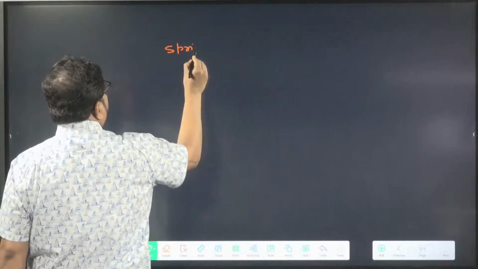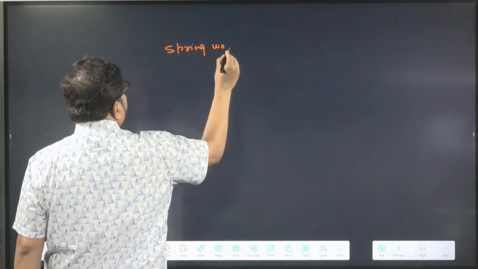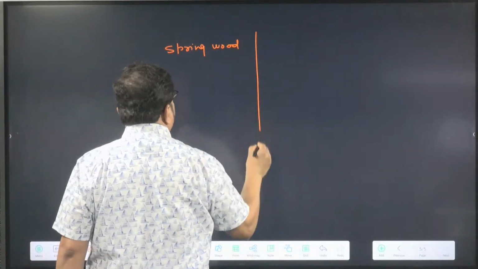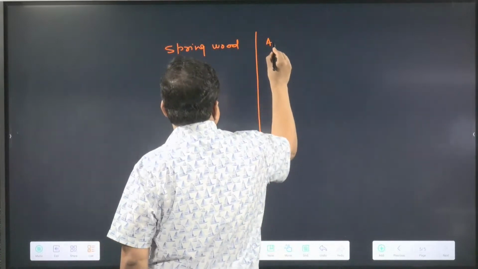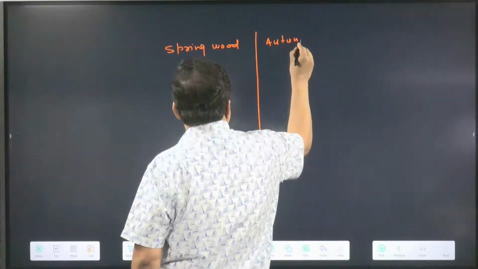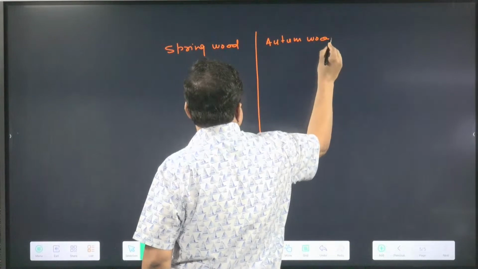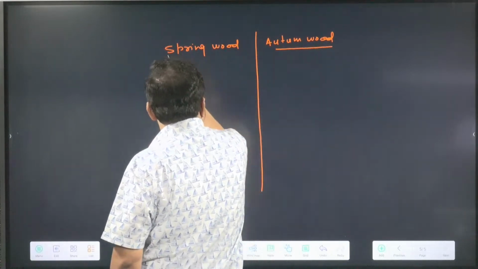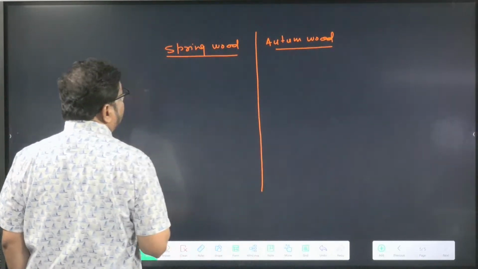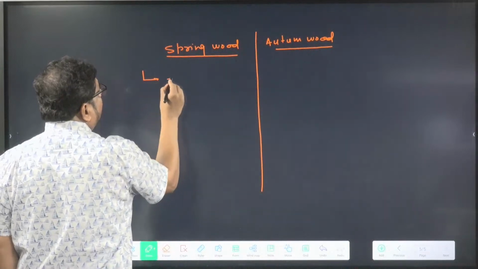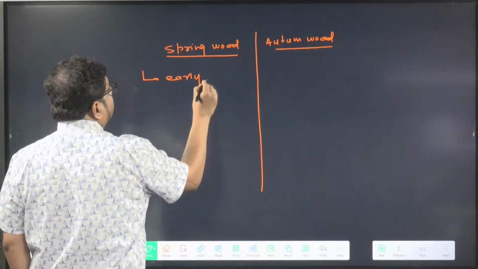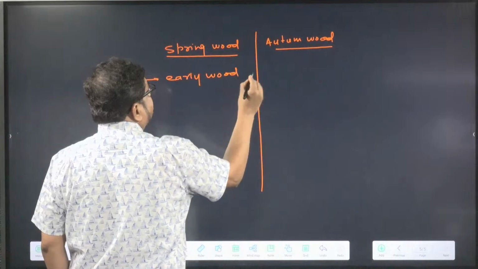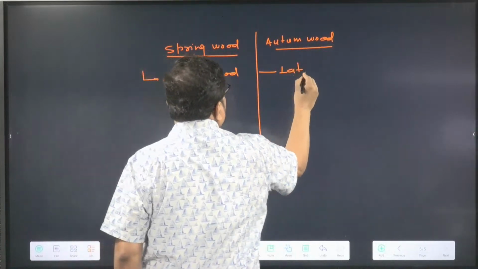Now, I am writing which one? Springwood and autumn wood. Wood means secondary xylem. Secondary xylem forms in spring season. It is also called early wood. It is also called late wood.